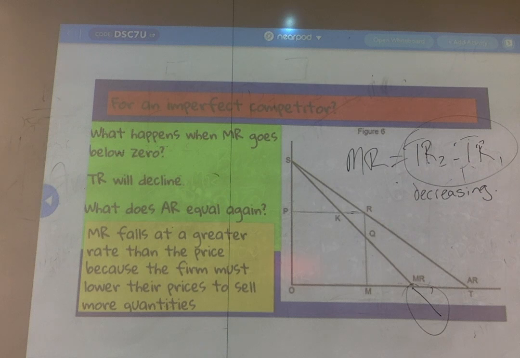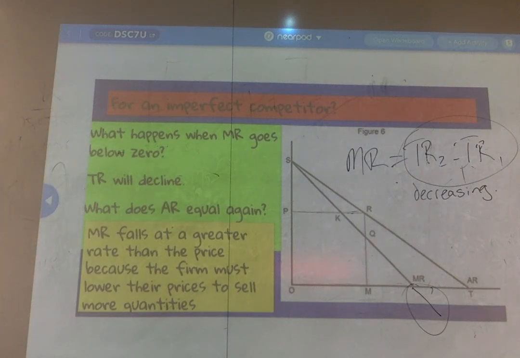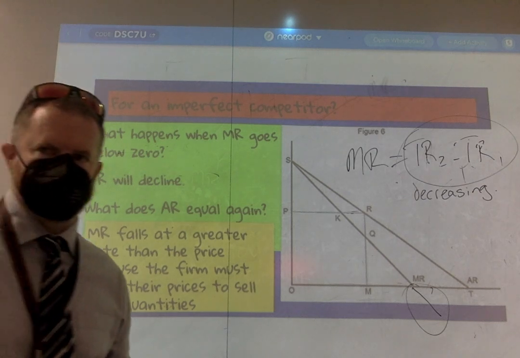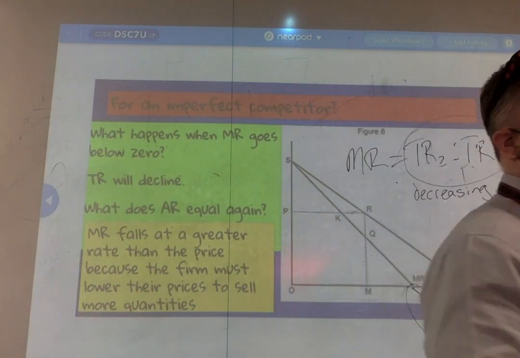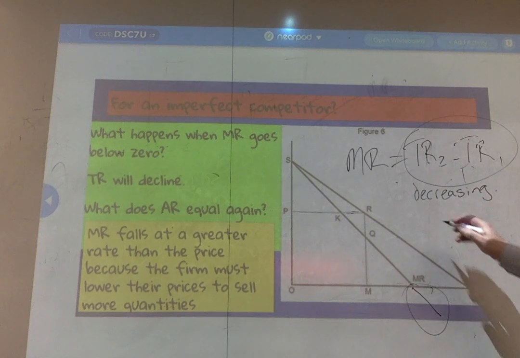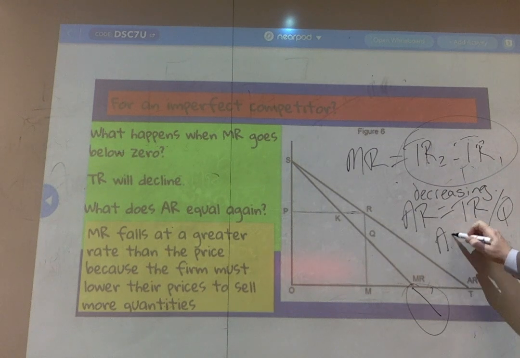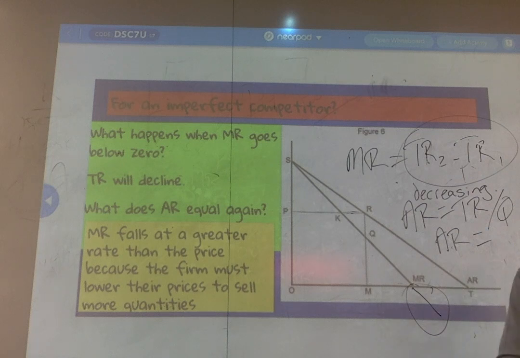What about your average revenue? What does average revenue equal? Yes, average revenue equals total revenue divided by quantity. So average revenue equals price. Is it possible to get down there?